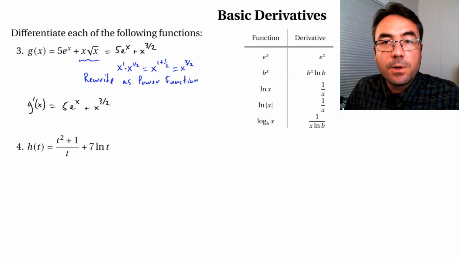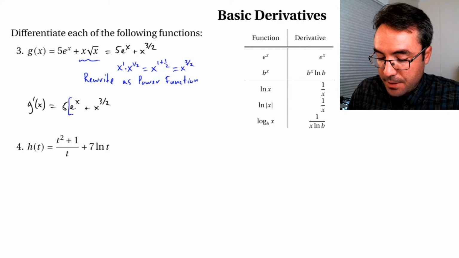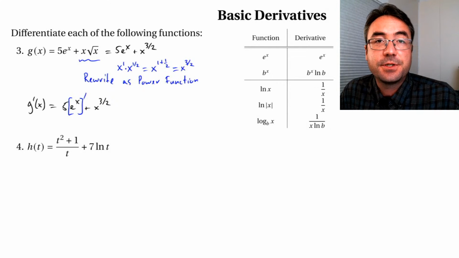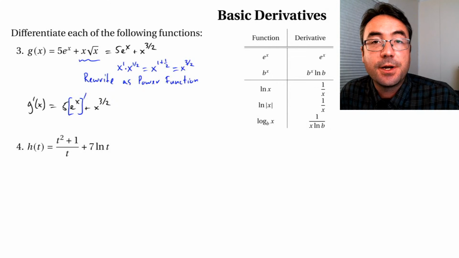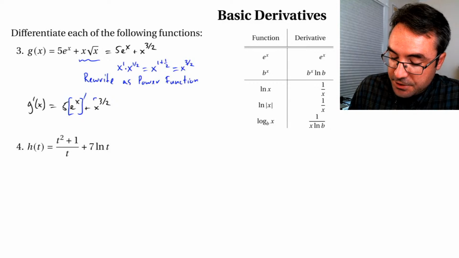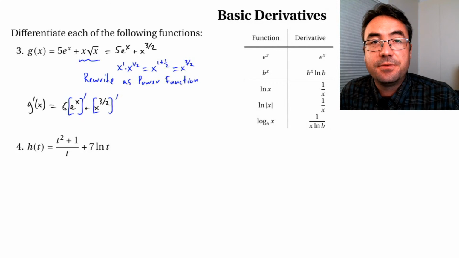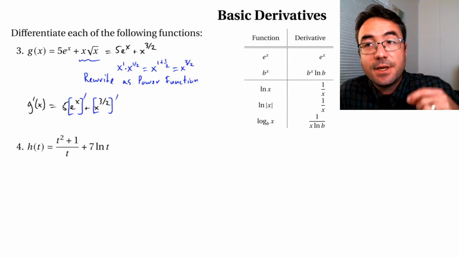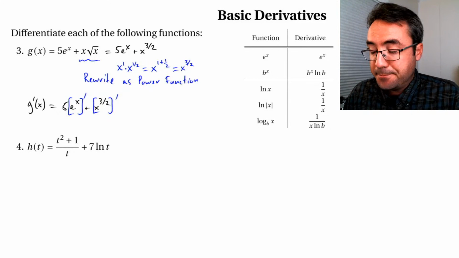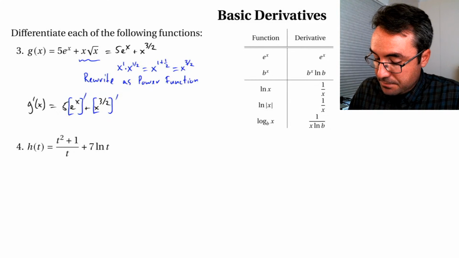And the way our rules work, we look in the first term, apply the derivative to just the variable part. So that 5 is a constant multiple, so it stays out in front. Go to our second term, apply the derivative to just the variable part, so x raised to the 3/2. We're just going to differentiate that. And then do it.